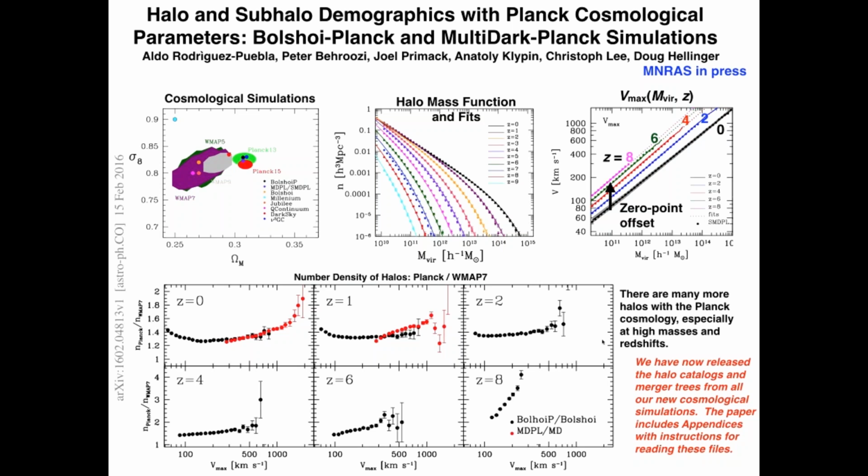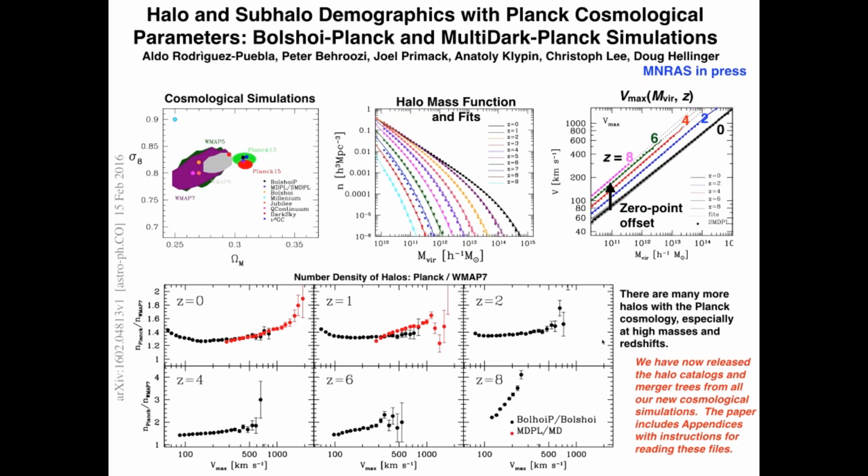Then finally, at the bottom, we're comparing at redshifts from 0 to 8 the number density of halos as a function of the circular velocity of the halos. Notice that there's between 20 and 40% more halos with an even larger increase at the highest circular velocities that would host clusters, comparing the Planck to the WMAP 7-year release results.